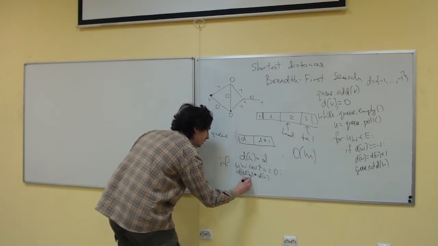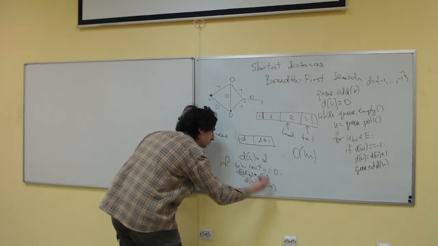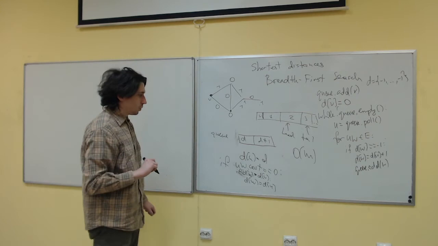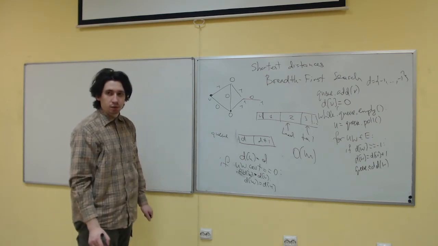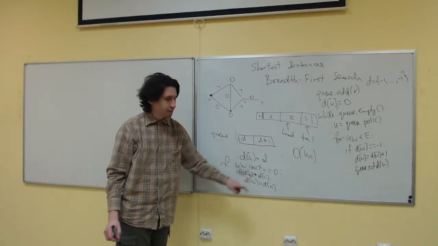You set dw to du, and what would you do next? So you know that w has the same distance as u.